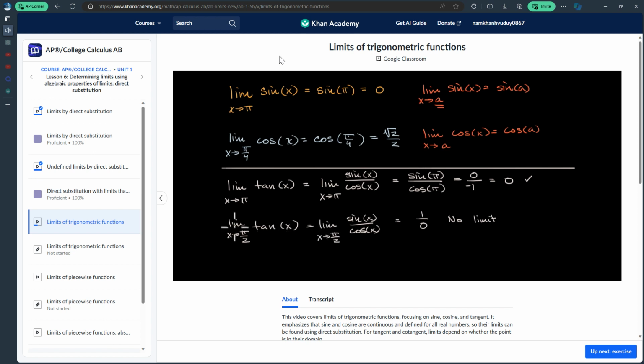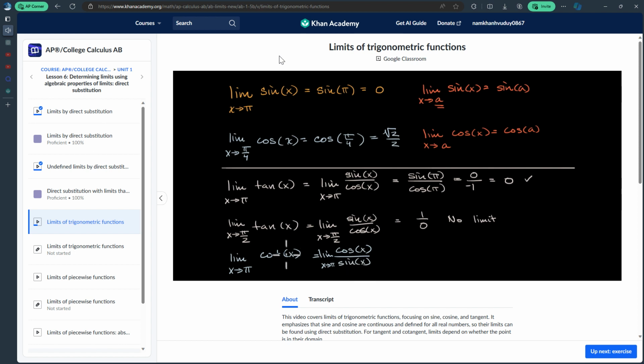Let's do one more of these. So let's say the limit as x approaches pi of cotangent of x. Pause the video and see if you can figure out what that's going to be. Well, one way to think about it, cotangent of x, it's 1 over tangent of x. It's cosine of x over sine of x. This is a limit as x approaches pi of this.